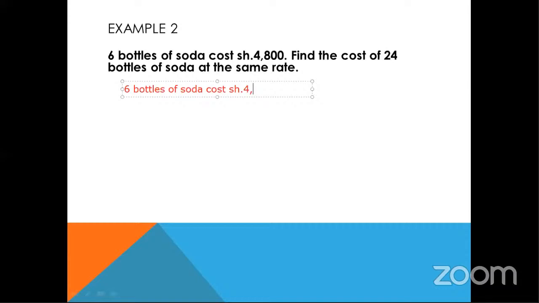Okay, we can also pick someone else to help you get the cost of one bottle. Somebody divide, please. The cost of 1 bottle of soda. Okay, let me pick. Given, what's the cost of 1 bottle of soda?